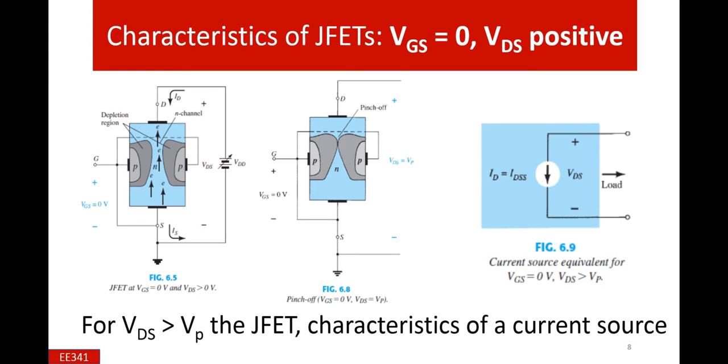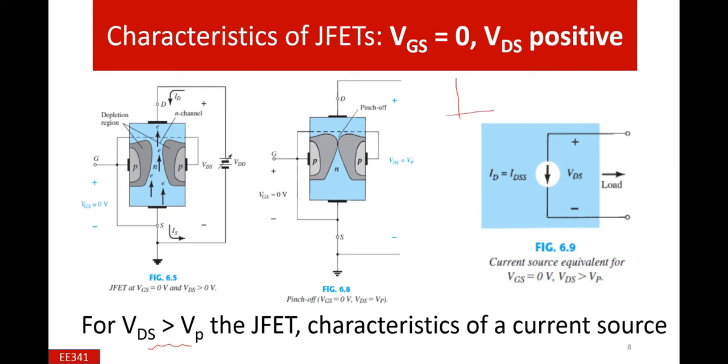At a particular value, for example, when VDS is increasing with values of VP, if we further increase the values of this pinch voltage, what happens? The resistance of this N-channel JFET is fixed, and it is continuously supplying a current which is some fixed value, as shown in the last graph.